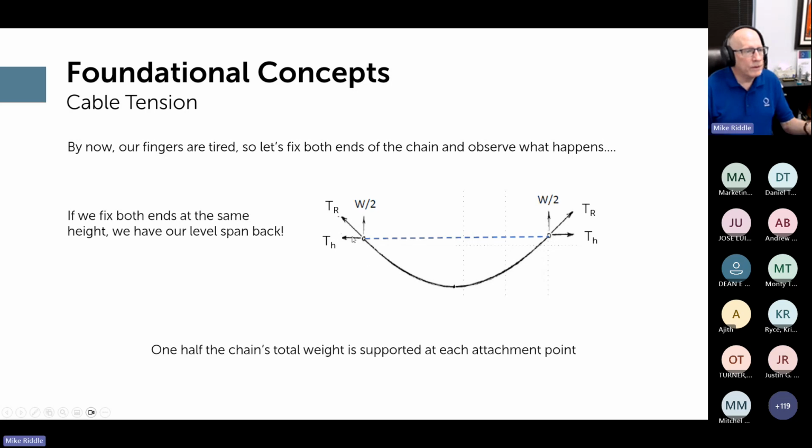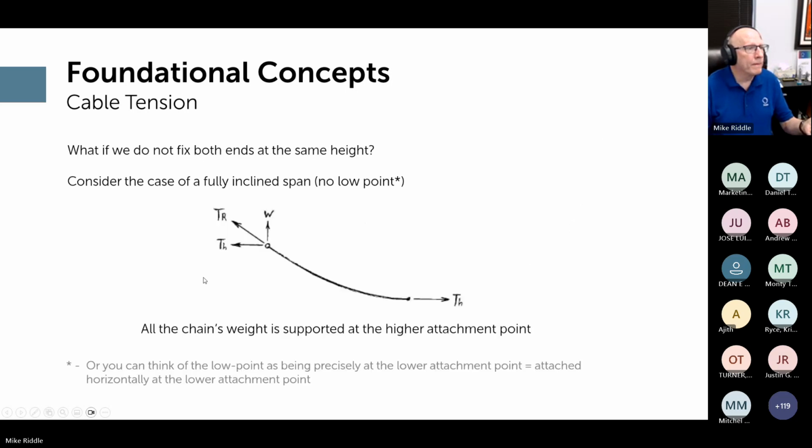And you see here we still have our horizontal tension and our resultant tension. What if we don't affix them both at the same height? Well, if we do a fully inclined span, meaning with no low point, all the chain's weight is supported at the higher attachment point.